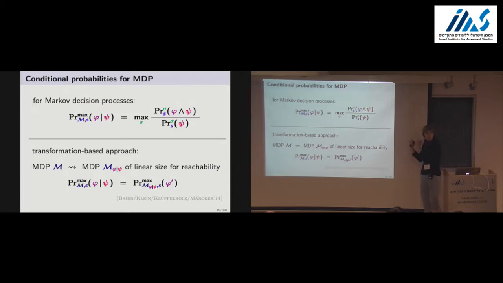I will explain the approach for the case where both are reachability conditions, such that this conditional maximal probability can be computed as the maximal probability in this new MDP, for the same thing as here for phi. This will be some modified formula.